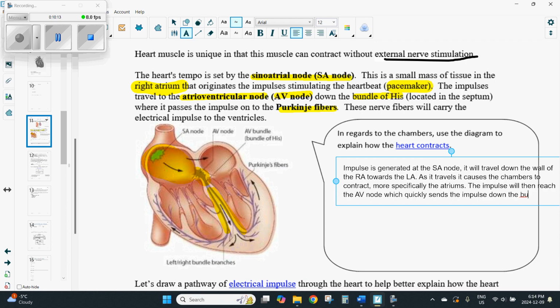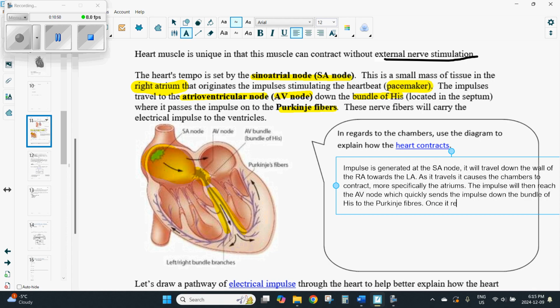down the bundle of His, which if you notice separates into the left and right sides. We call those technically the left and right bundle branches, but you can just call it bundle of His, that's fine with me. So it quickly sends the impulse down the bundle of His to the Purkinje fibers.